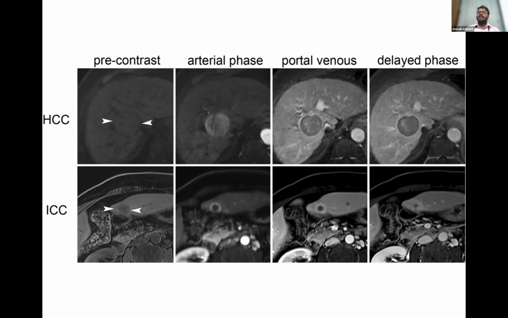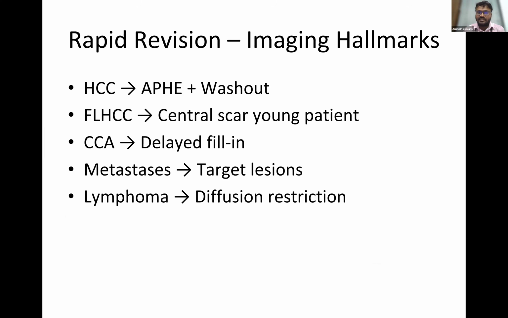This is about HCC. If both are present, for example, this is present and this is present instead of that, that time we call it combined. Understood? This arterial phase hyperenhancement is present. Instead of washout, this is present. Then it is combined HCC and ICC.